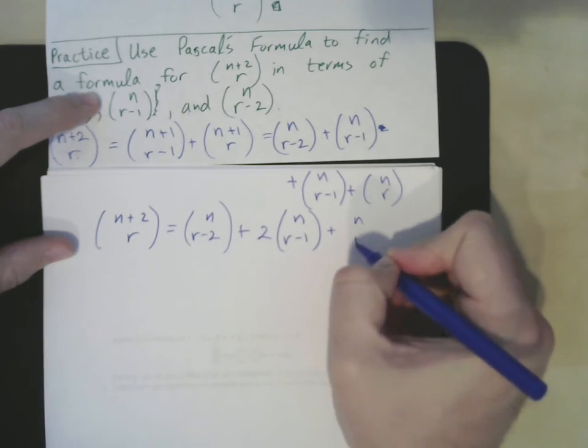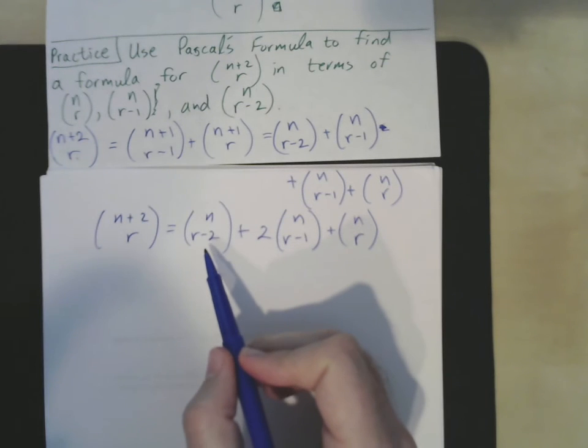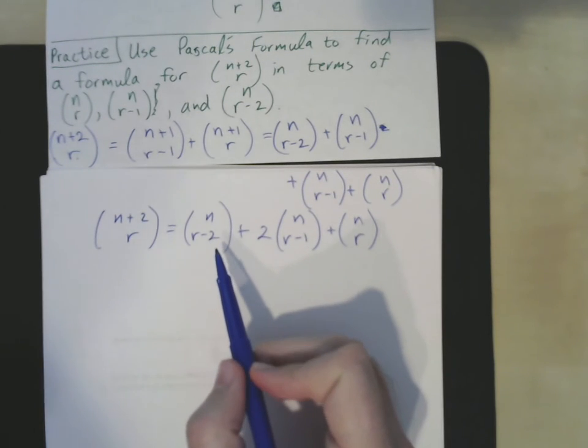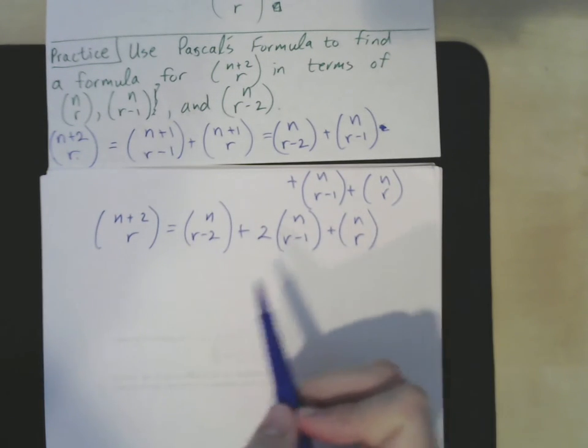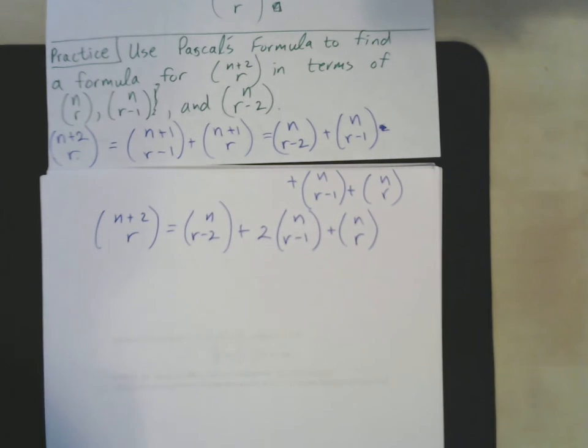Now this may look familiar to you as the expansion of a plus b quantity squared. We have 1, 2 times it, and 1. And as it turns out, if you remember, Pascal's triangle was a way to memorize quickly and easily the coefficients for binomial expansion.